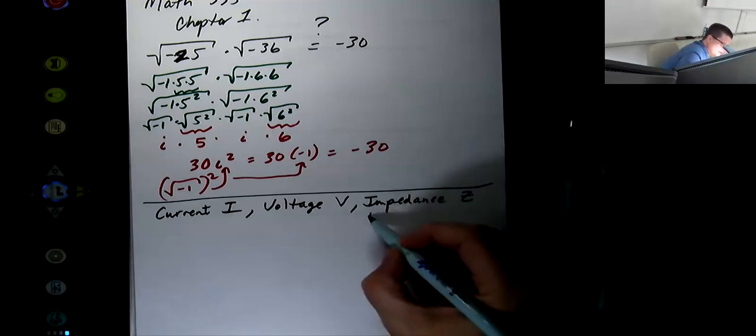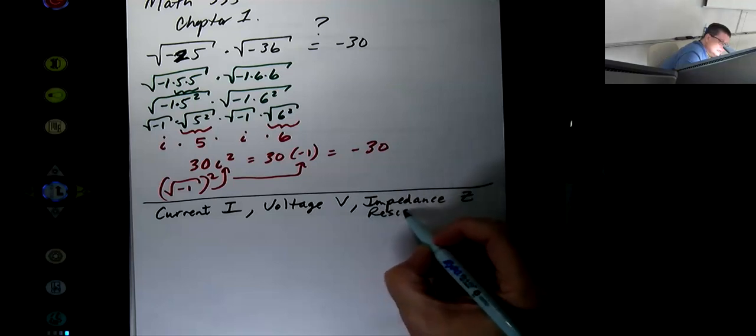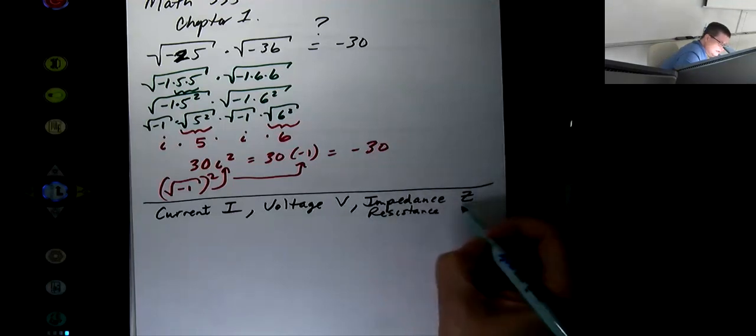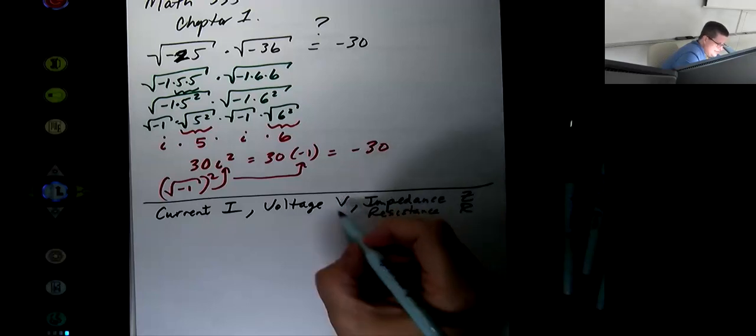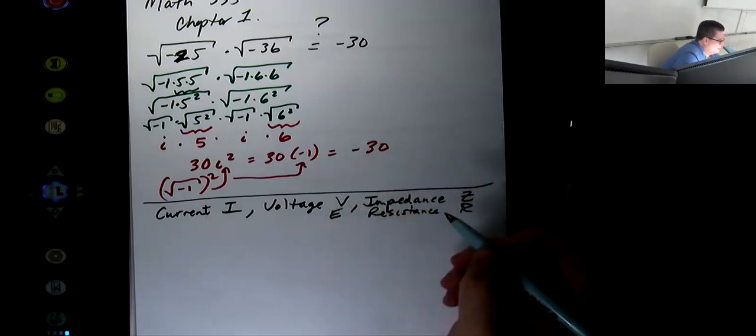Impedance is usually called resistance, I believe. They have E here for some reason, and it's not what it goes by.